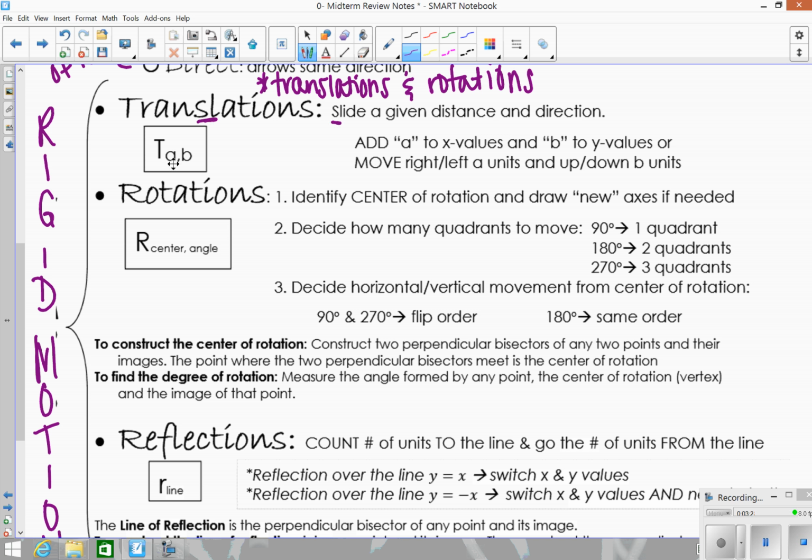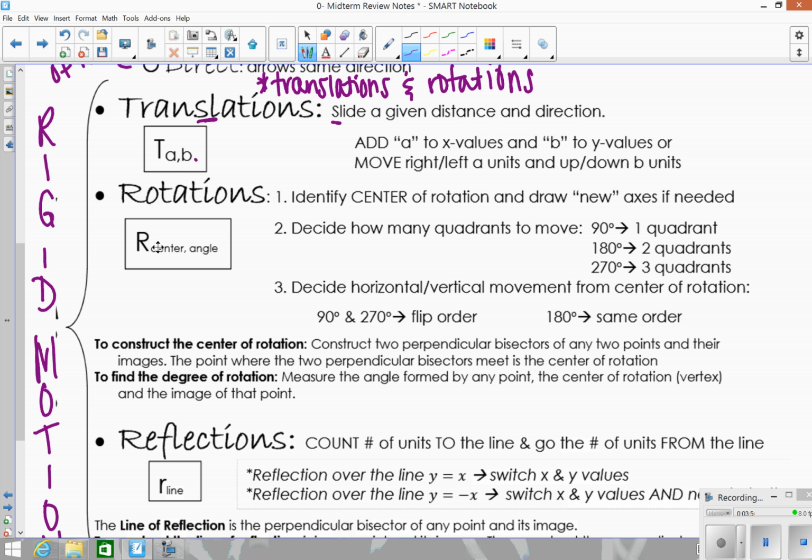Capital T is the notation. A and B tell you what you're adding to the X values and what you're adding to the Y values. It's telling you how you're moving. Your horizontal movement is the A number: positive means right, negative means left. A positive B value means up, and negative means down, so that's your vertical movement.